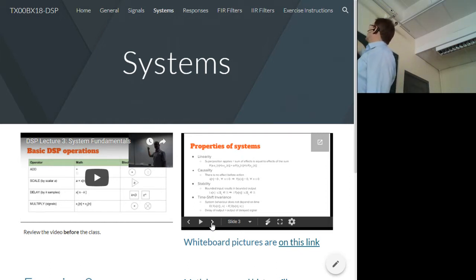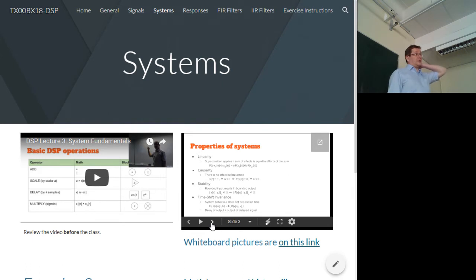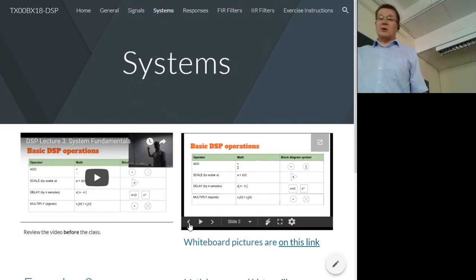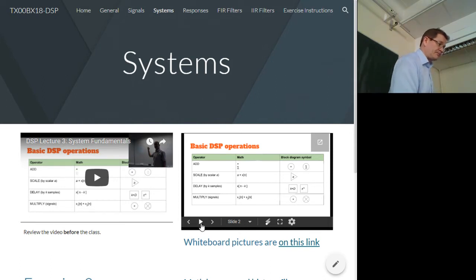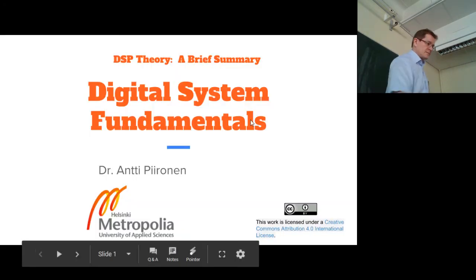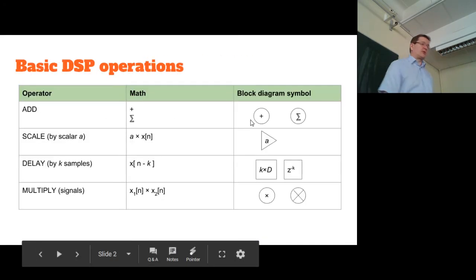So we are talking about LTI systems, the different kinds of representations of LTI systems. Okay, so basically we are talking about operations, basic DSP operations. So operations like that.